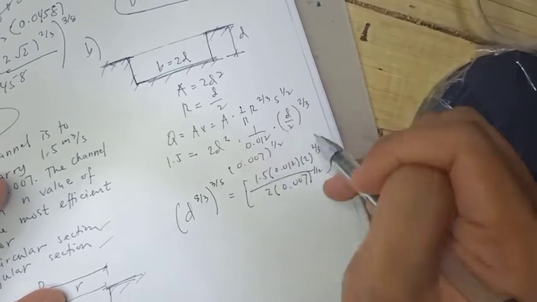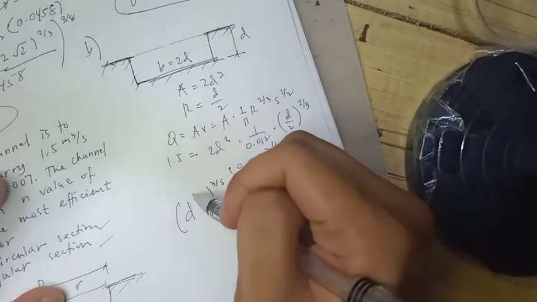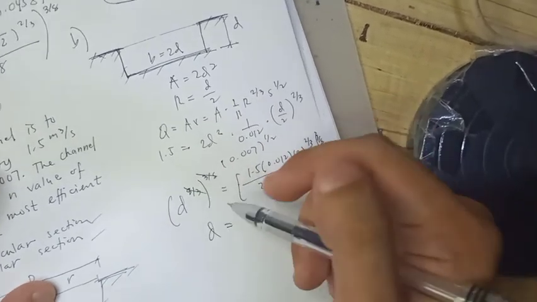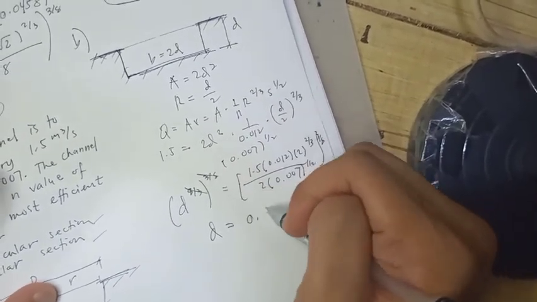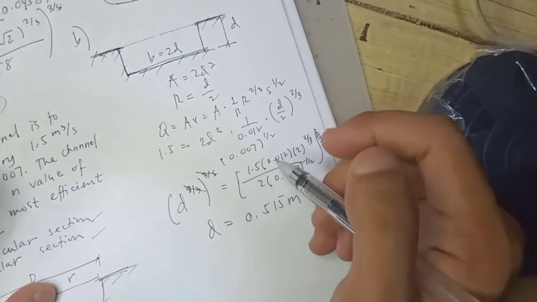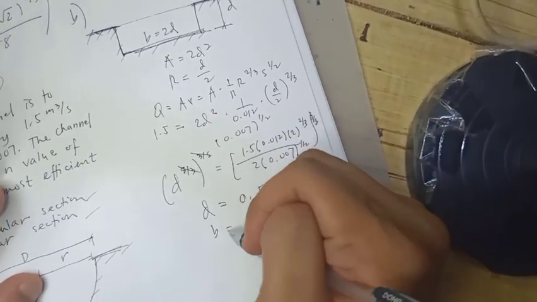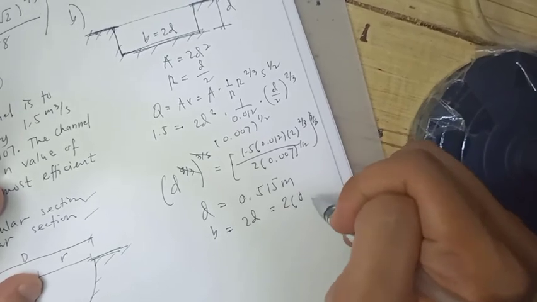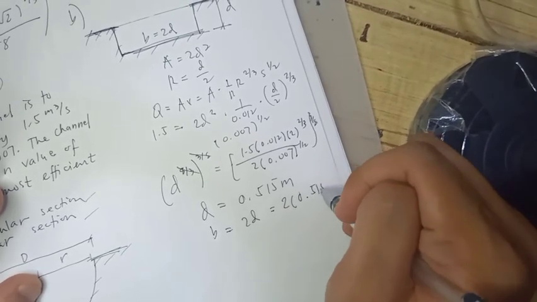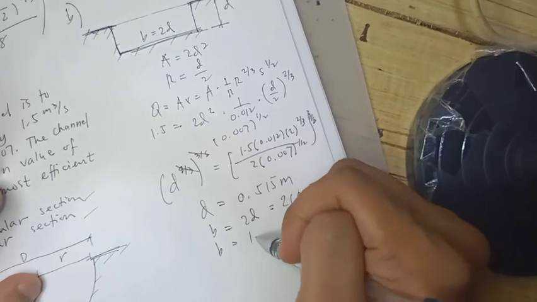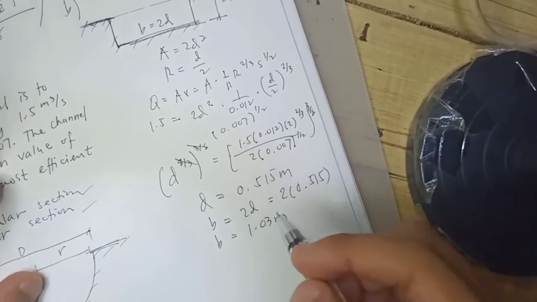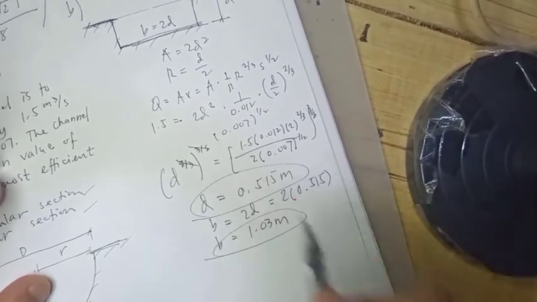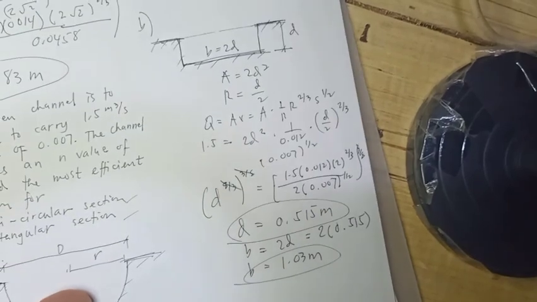So 3 over 8, cancel. Our depth now is 0.515 of a meter, and B is 2D, so 2 times 0.515, or B is 1.03 meters. These are the answers.